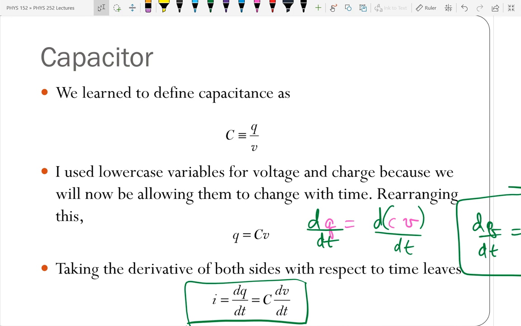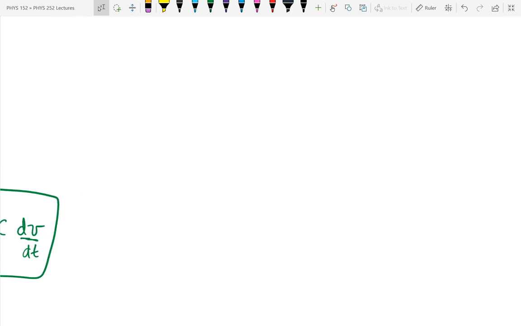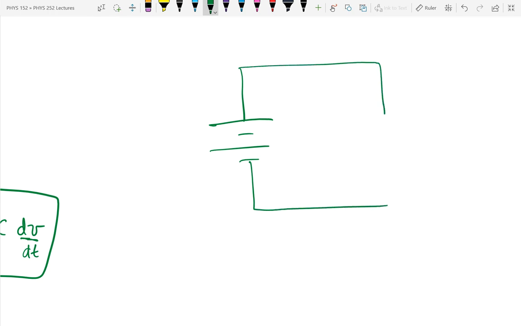And you might propose, I could come up with a circuit that violates that, oh great wizard. I can make a circuit that has a battery and has a capacitor and has a switch.